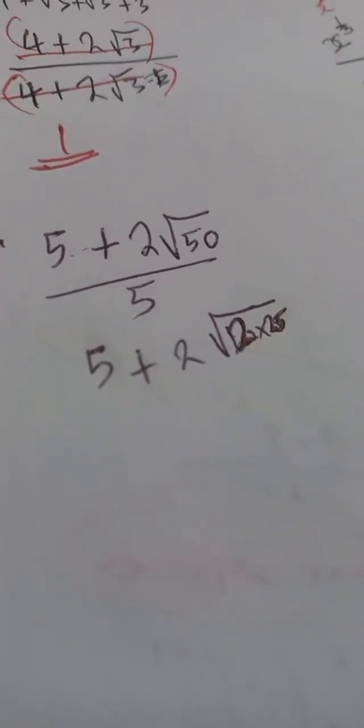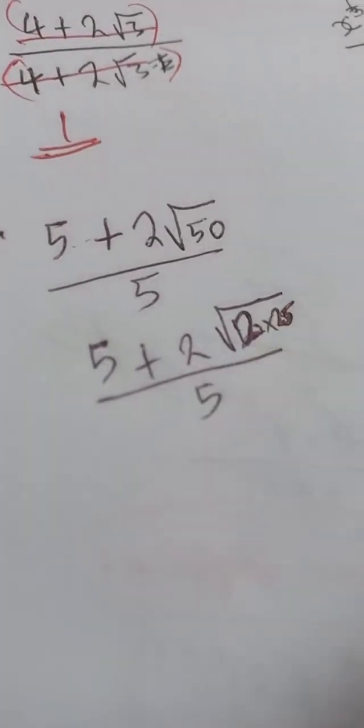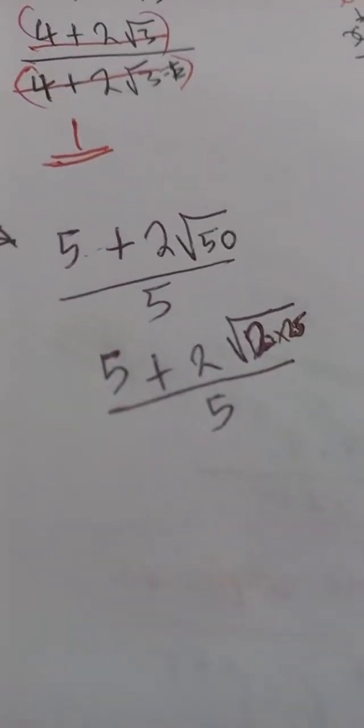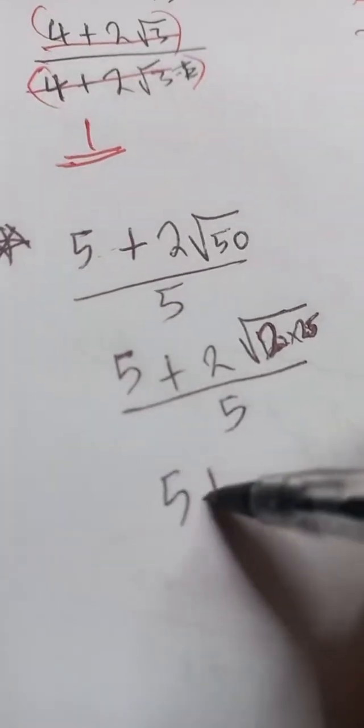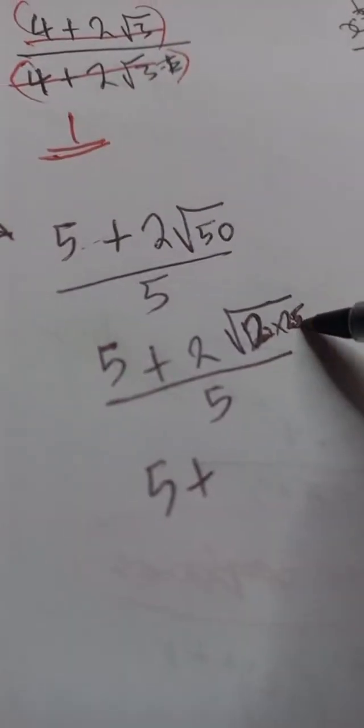This is good. You see, mathematics, you play around with numbers. Right. So now you have 2 by 25 all over 5. So now we are going to have 5 plus square root of 25, that's 5.